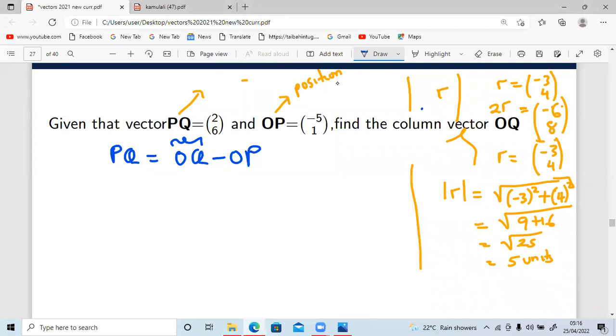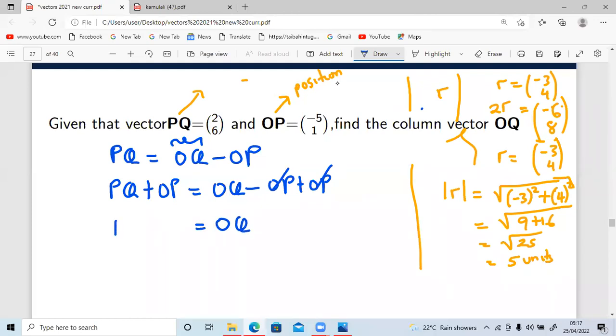Would you allow me to take this negative OP away and remain with OQ? So PQ plus OP is equal to OQ. Then minus OP plus OP reduces, so I remain with OQ equals PQ plus OP.